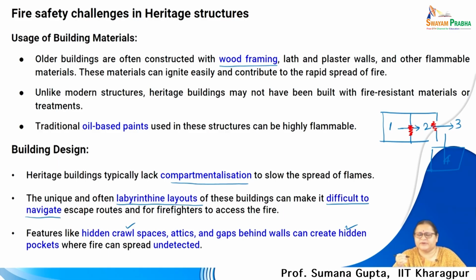Now, heritage buildings do not have such service routes, they do not have air conditioned ducts, they do not have proper electrical wiring system. So, there are also points like an old electrical wiring system without a miniature circuit breaker, MCBs, that can also lead to fire, because MCBs in modern buildings are put to stop electric current to a point if there is more drawing of electricity.